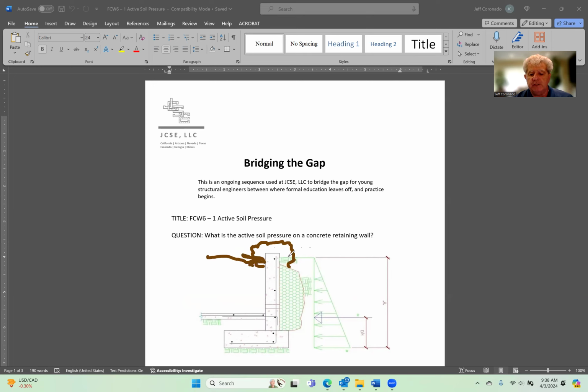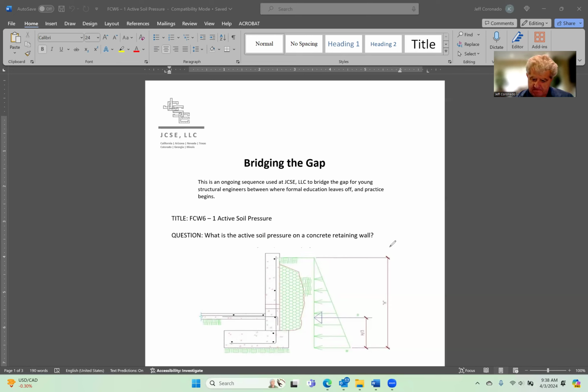There's nothing up here that restrains movement at the top of the wall. So this is a cantilever wall. The wall is supported down here at the footing, and that's it. It's not really supported in any other fashion. So that makes it a cantilever retaining wall.